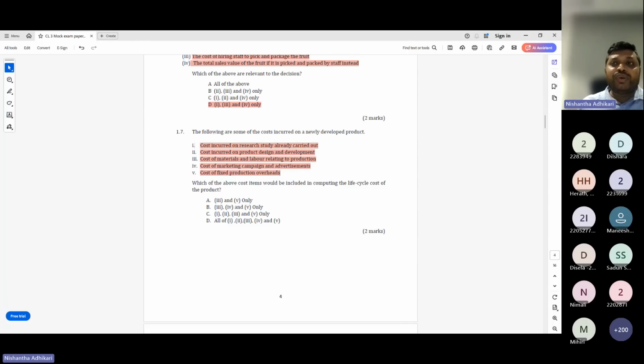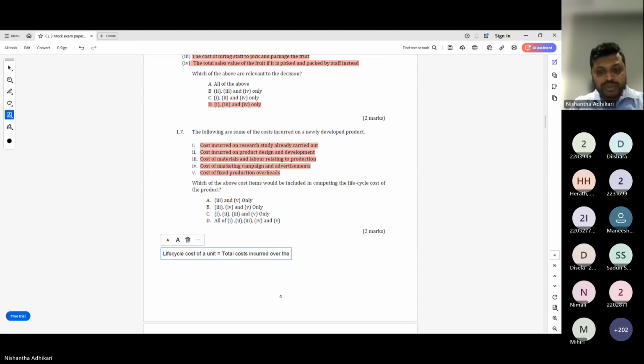If someone asks how to calculate life cycle cost of a unit: life cycle cost of a unit equals total costs incurred over the life cycle divided by total output over the life cycle.